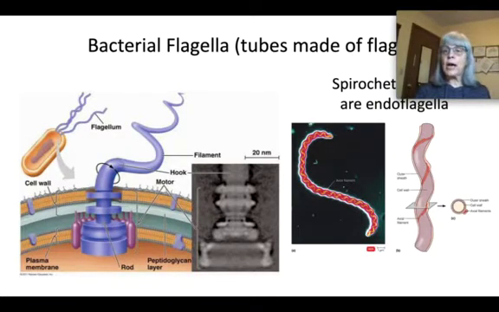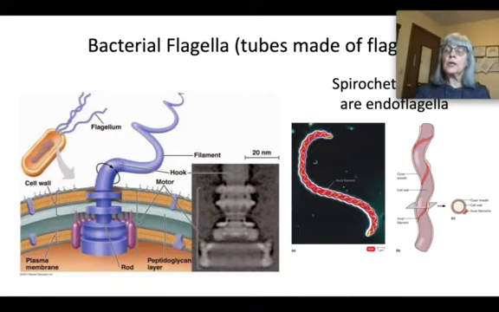If it goes counterclockwise, the bacteria will move in a forward or straight line. If the rotation switches to clockwise, the bacterium will flip. And what purpose does that serve?